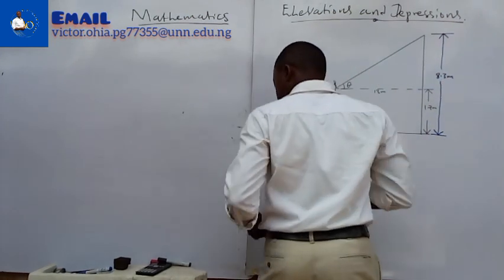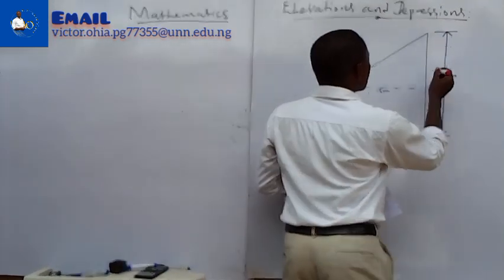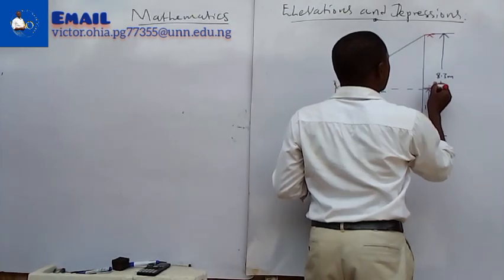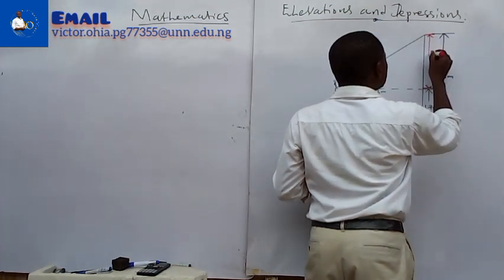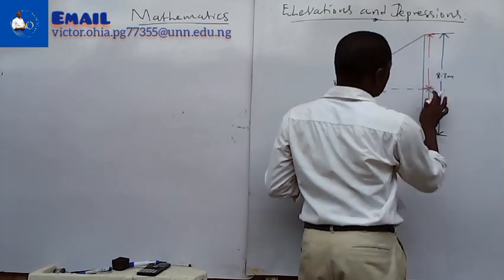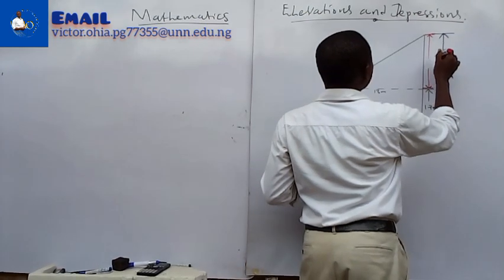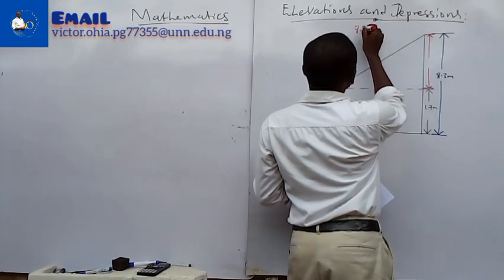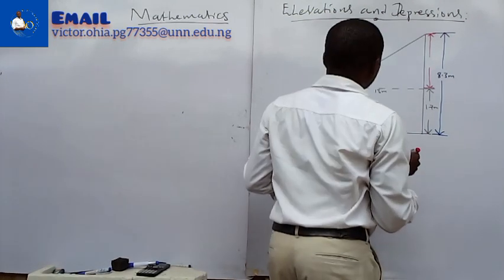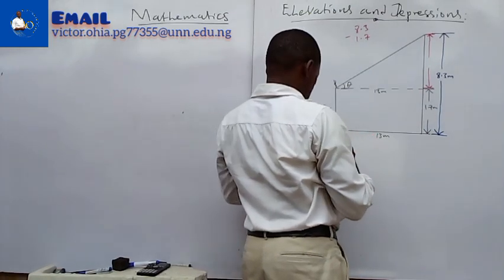So what if I needed to separate this one and show what is happening here, from here to this point will be what? We just needed to say the height there will be 8.3 minus 1.7. That is what that place is going to give us.